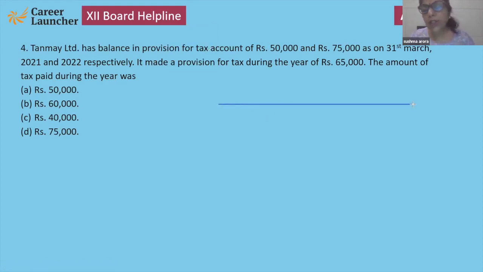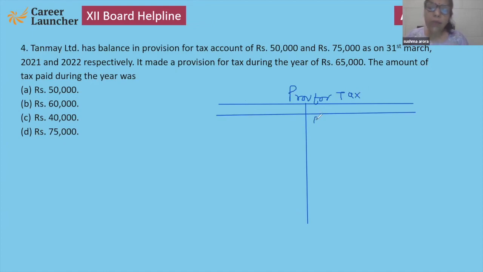Without wasting your time, you have to make one account fast, because they can give anything missing. Okay, so here provision for tax. Now, as provision has a credit balance always, so by balance BD opening, that is 50,000, to balance CD closing, that is 75,000.